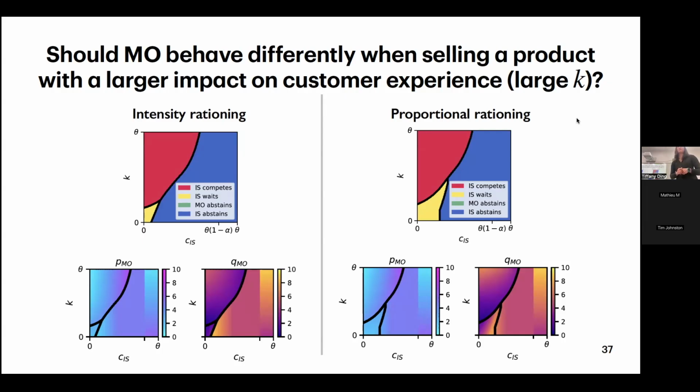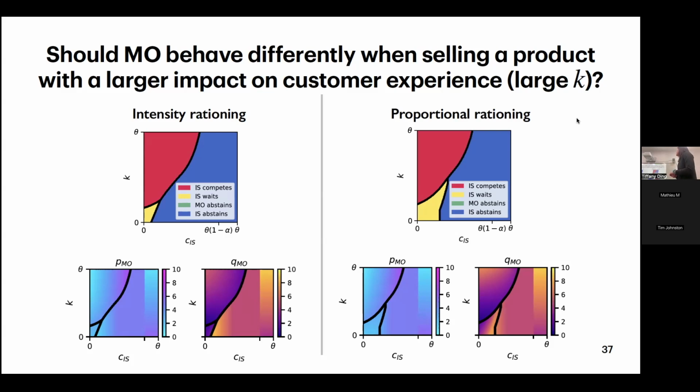Just another silly question. Why is K not a function of the price? Surely I'm happier as a customer if I pay a low price for something, right? That's a good question. I wrote that as one of the extensions that should be pursued. Yeah, I agree with that. I think it should be proportional to consumer surplus.